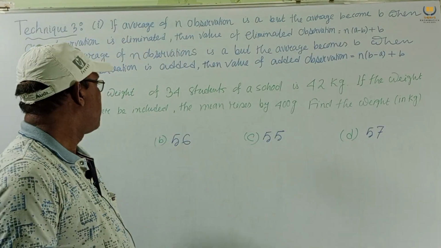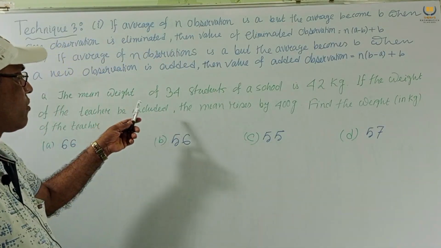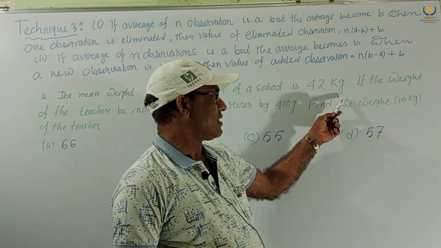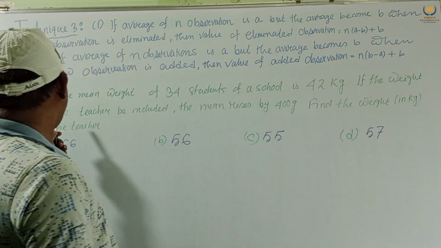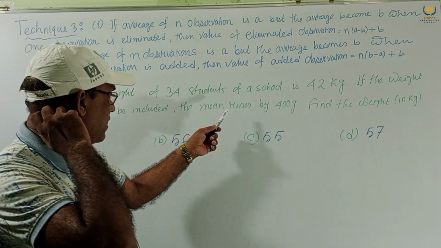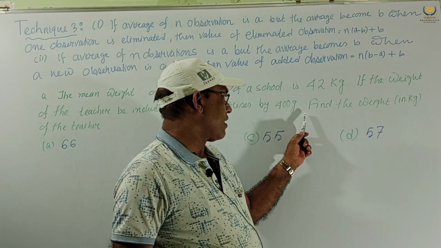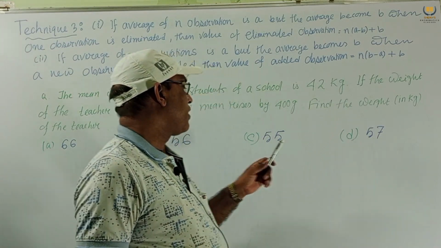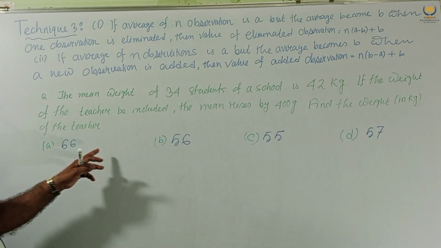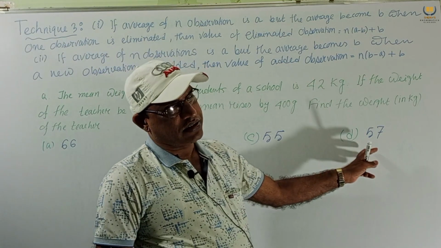Consider another problem. The mean weight of 34 students of a school is 42 kg. If the weight of the teacher is included, the mean rises by 400 gram. Find the weight in kg of the teacher. The options given are 66, 56, 55, 57.